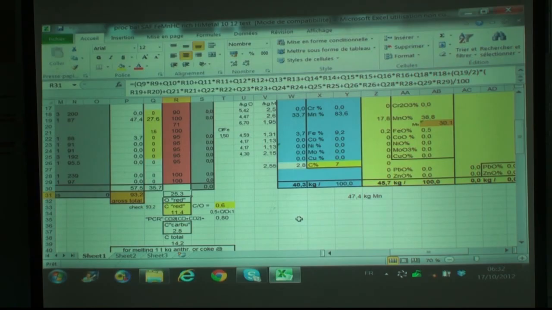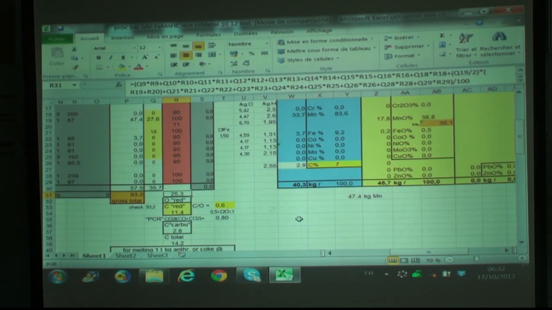Okay, so to calculate the amount of carbon, we must indicate this ratio, because of course if you transform all carbon into CO2, you will need less carbon to remove the oxygen. This you understand.